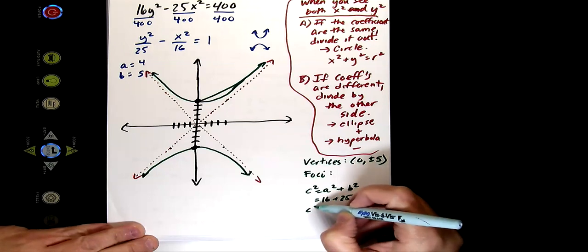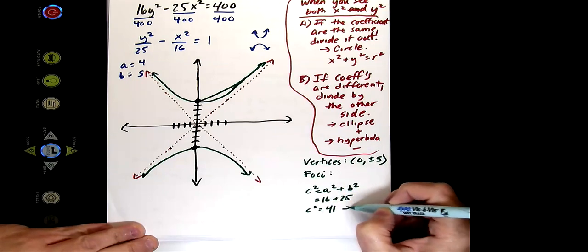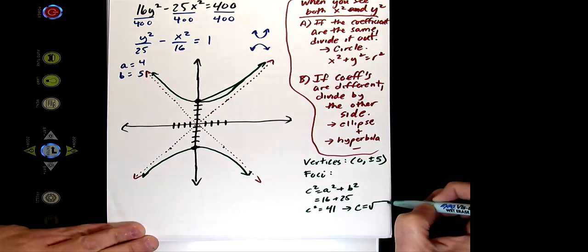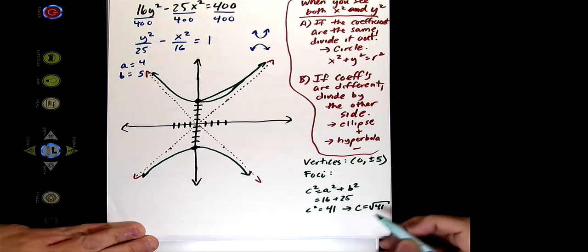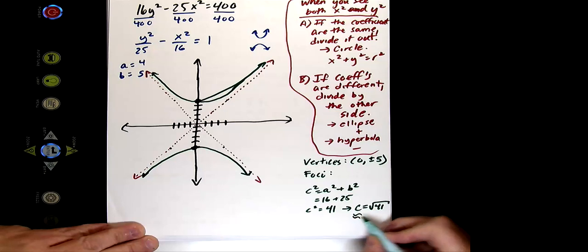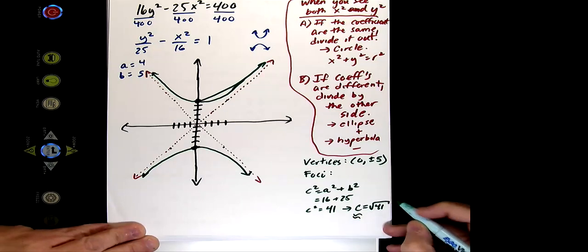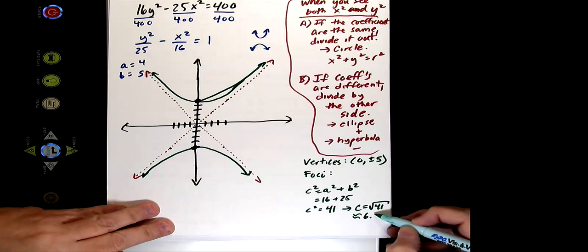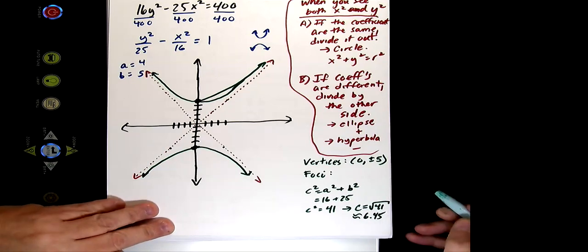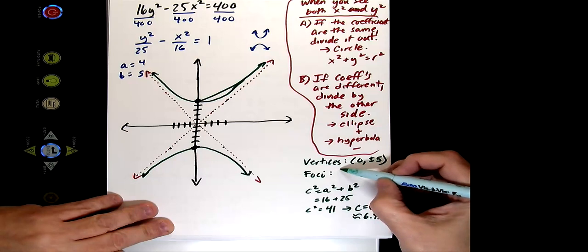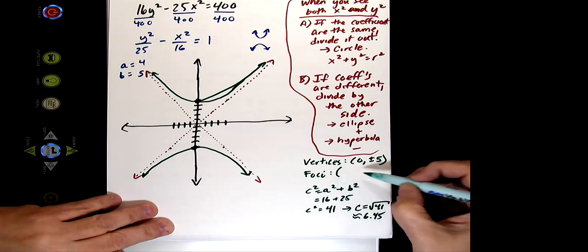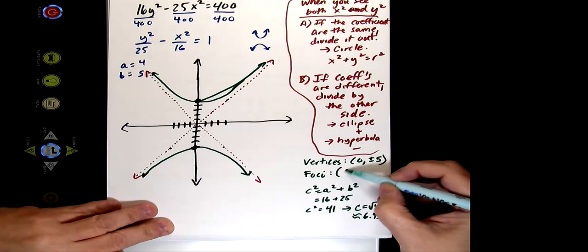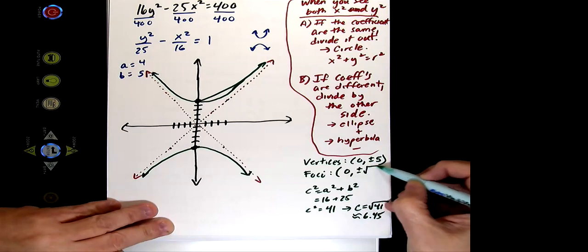So C squared equals 41, and C equals the square root of 41. 36 would be 6 and 49 would be 7. It's closer to 6 than 7, probably 6.45-ish or so. But we're going to use the square root of 41. It's also along the Y.